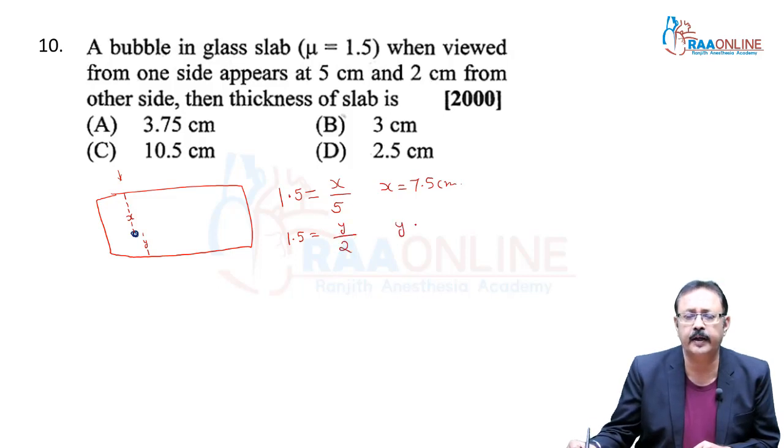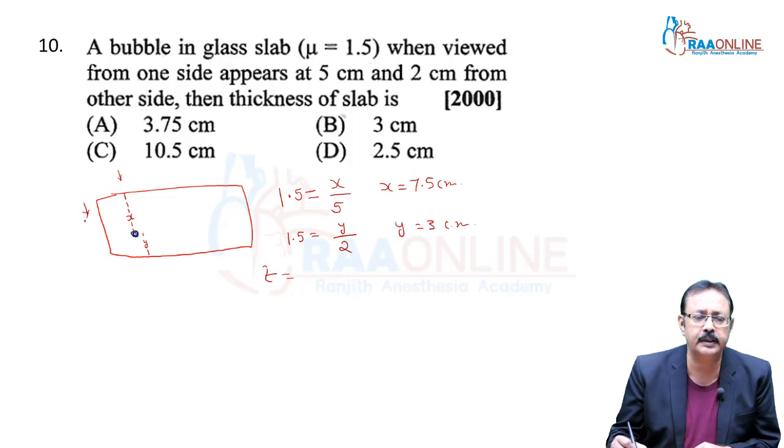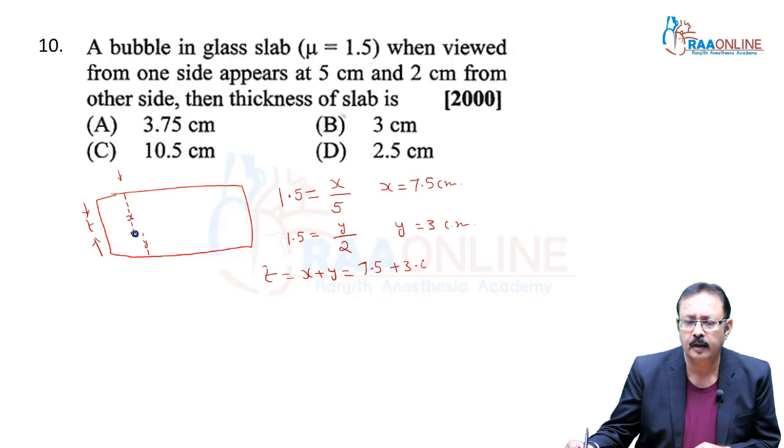So what is y? It is 3 centimeter. So what is the actual thickness? Actual thickness means x plus y, which is 7.5 plus 3, that is 10.5. So we are going with C.